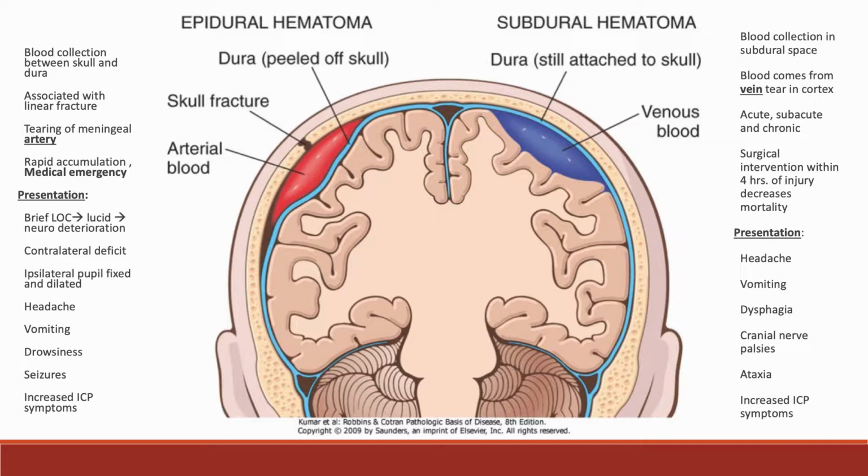The subdural hematoma is a collection of blood in the subdural space. This is a venous tear, not an arterial bleed. And because it's venous, it tends to be slower. It can be acute, but often is subacute or even chronic. As I remember from when I was substantially younger, President Reagan was out riding his horse one day at his California ranch, and he fell off of the horse and hit his head, and nobody thought much of it.